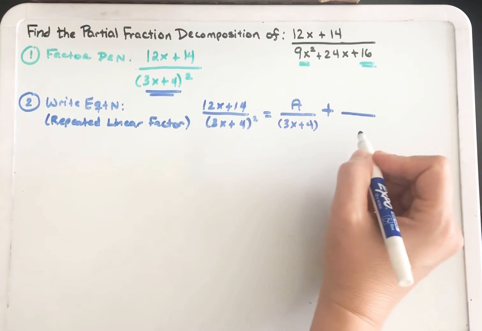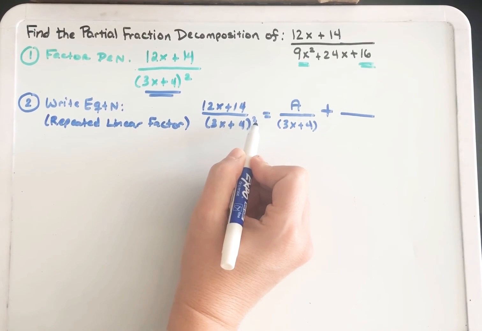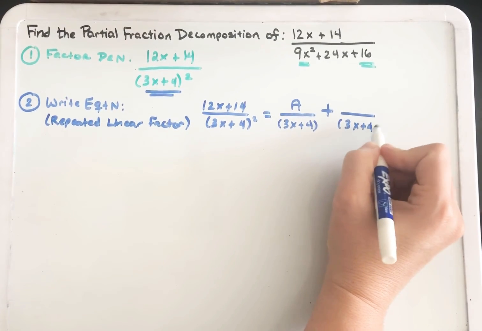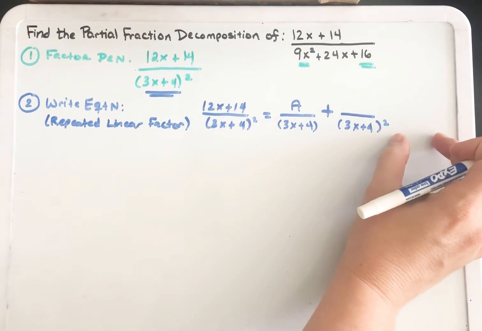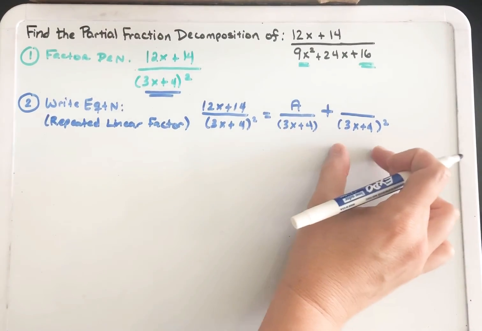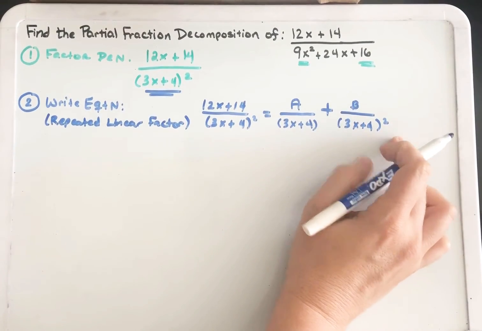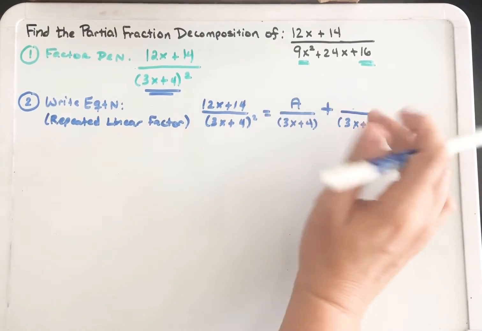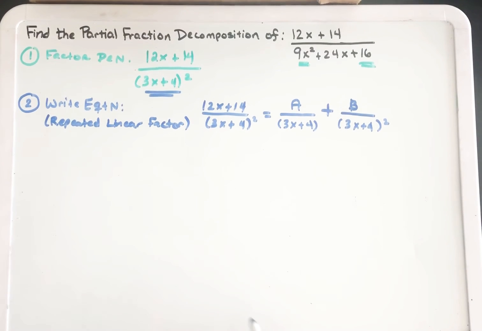Plus another partial fraction where now we work our way up to the number of repetitions there are. If it's just 2 repetitions, we just write (3x plus 4) squared. If it had been 3 repetitions, I would have had to do another partial fraction, working my way up 1 degree at a time. Again, since these are linear factors being repeated, we just use the simple letter B, instead of like Bx, for example, if it was an irreducible quadratic below.